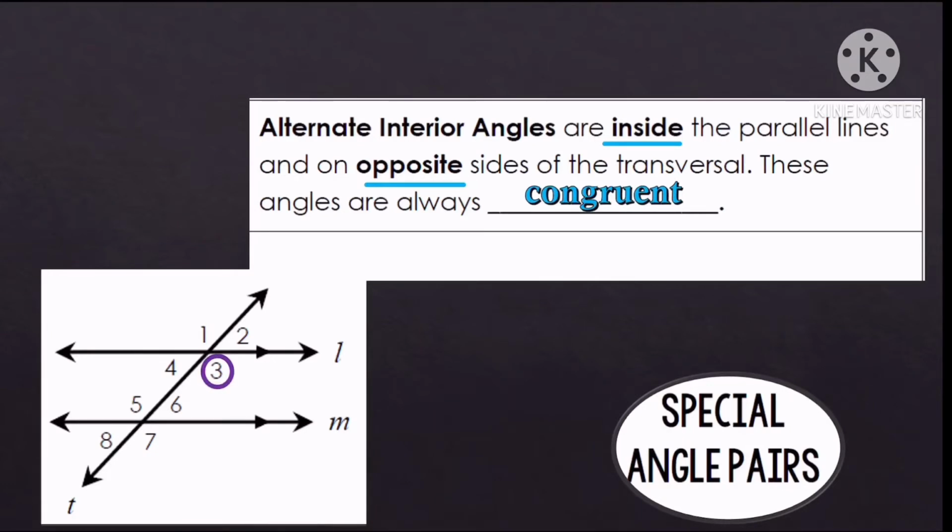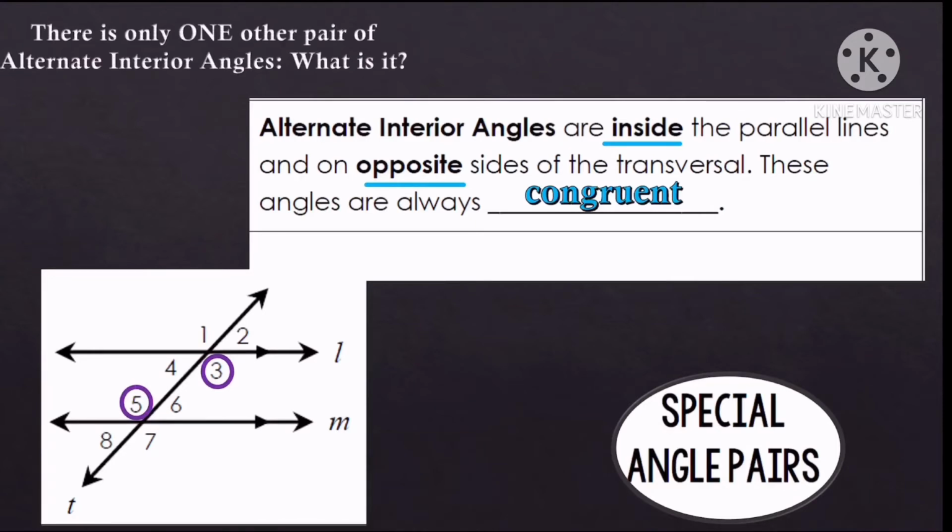It's inside L and M. Its alternate interior is angle 5. Those have the same measure. There is only one other pair of alternate interior. What is it? Write it in your notes.